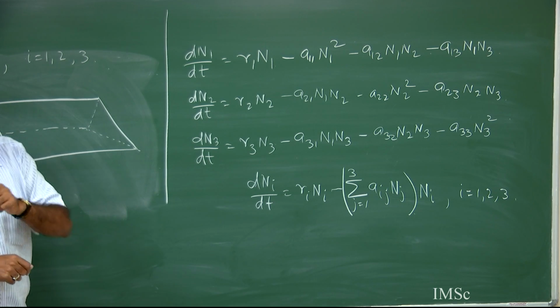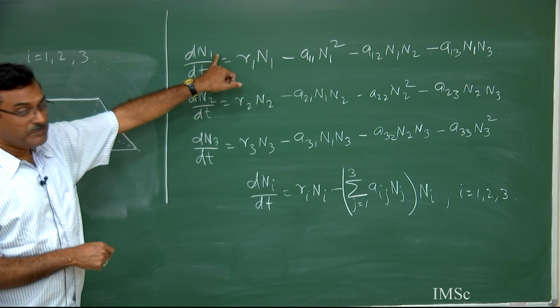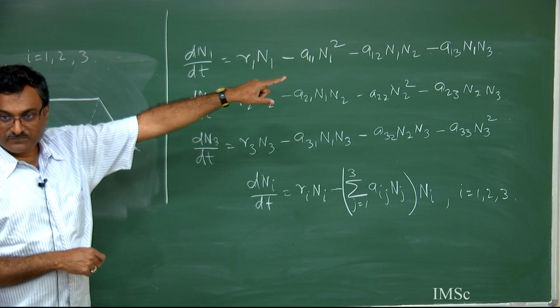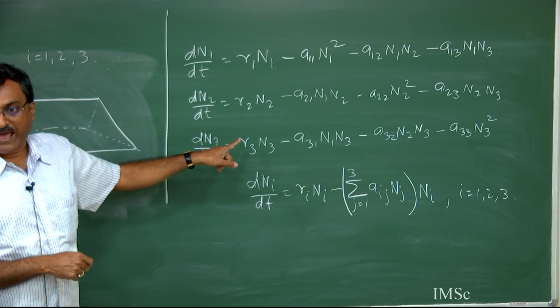Those correspond to the first species existing at its carrying capacity, with the second and third species absent.